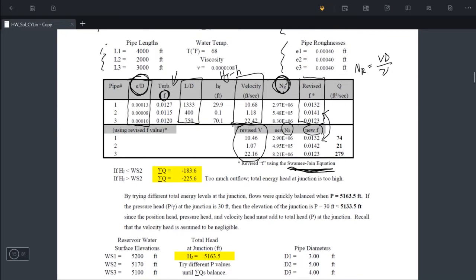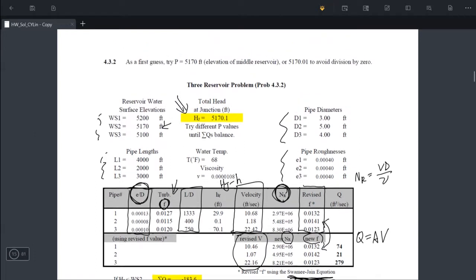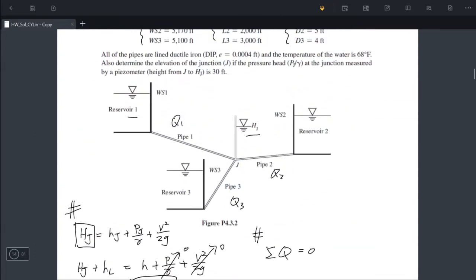So after you got the velocity, the flow rate will not be an issue for you, because the flow rate is equal to area times the velocity, and all those pipes are circular pipes, and you already know the diameter information.